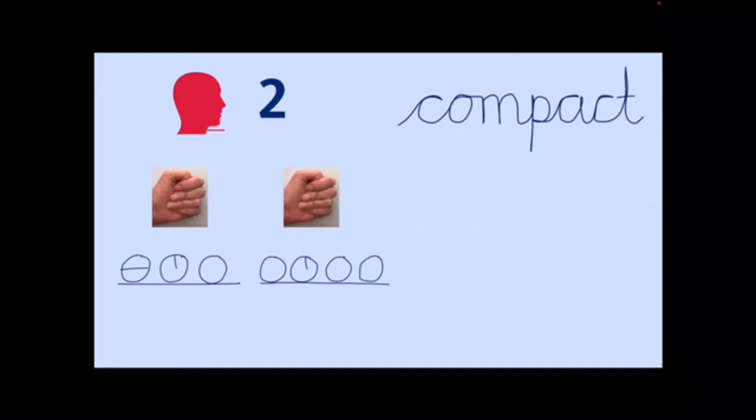Did you read that as it appeared on the screen? Compact. That's to give you an example of the words. We have our 2 syllables, com and pact. Now you have a go.